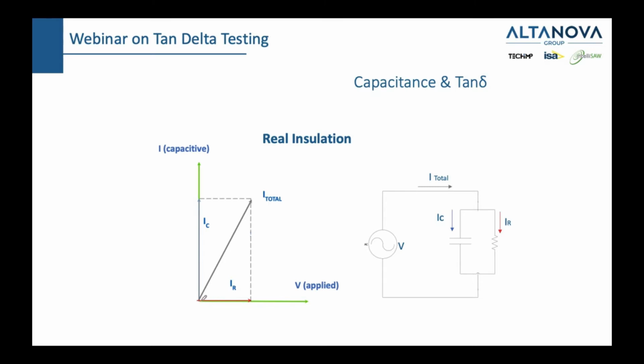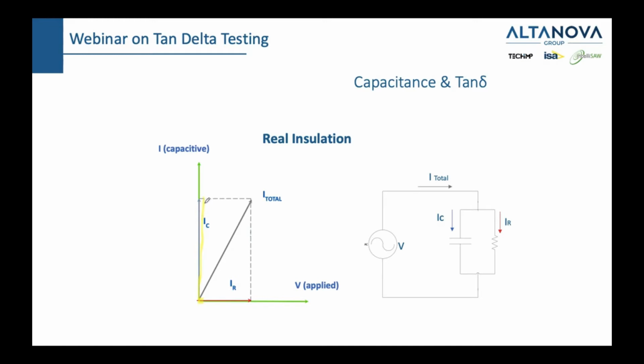So it would be more like maybe this big. If you sum up this vector and this vector, you wouldn't get something like this. You would more or less get something which is very close to the y-axis. So this would be your total current.